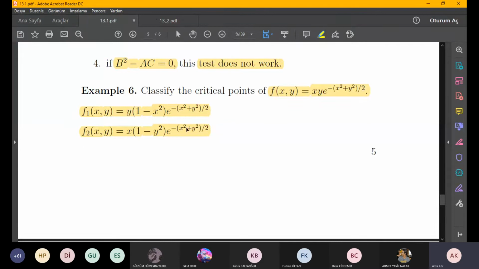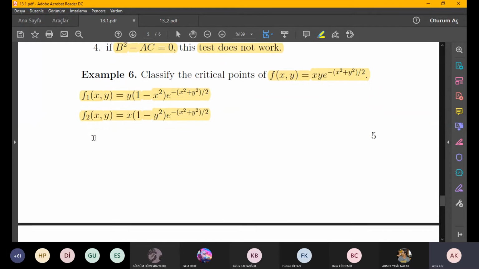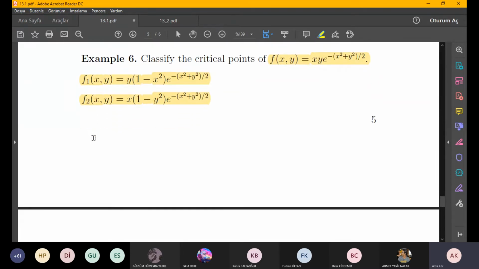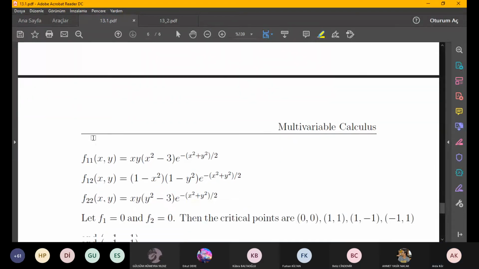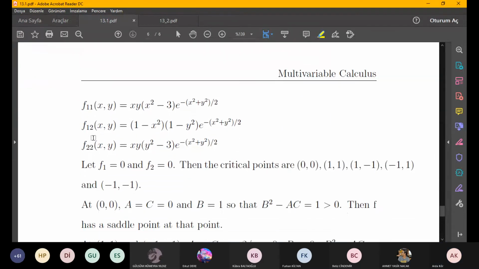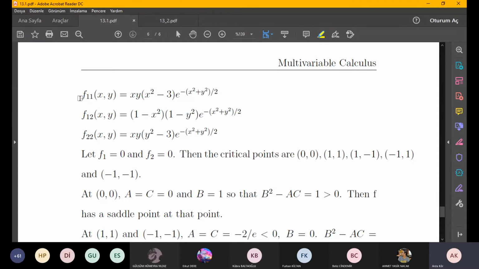which are f1(x,y) and f2(x,y), and after that the second partials. We need to differentiate one more time. So for f11(x,y), if you differentiate f1(x,y) one more time with respect to x, you will get f11(x,y).